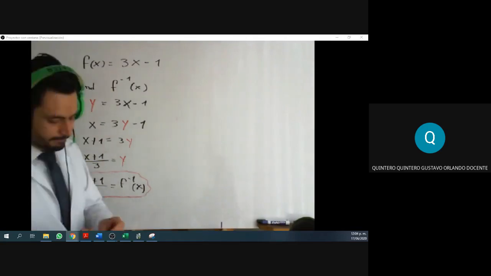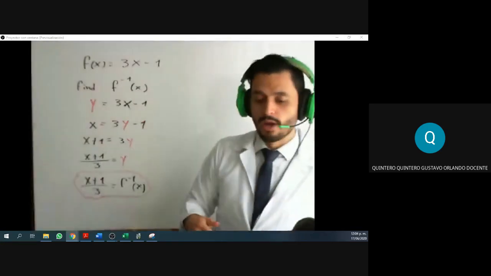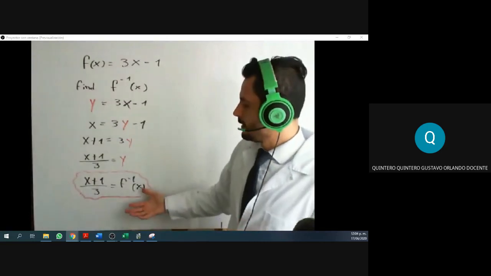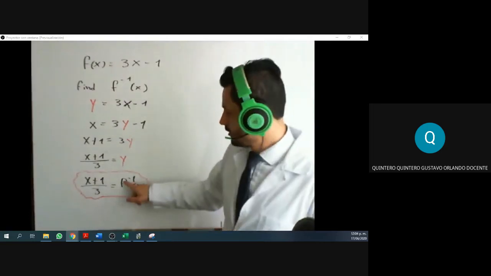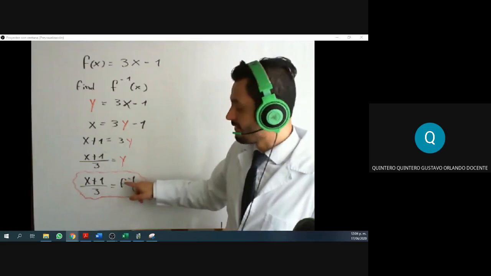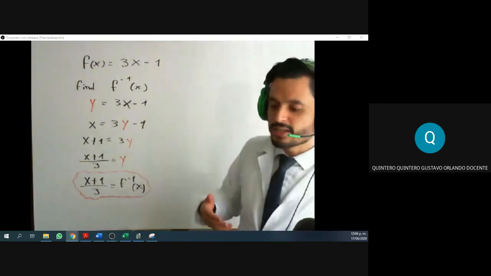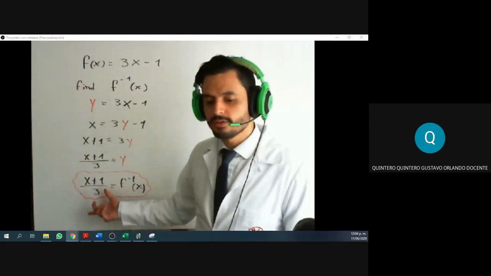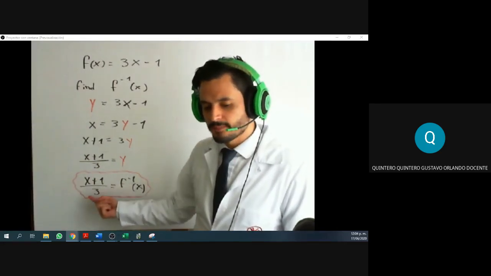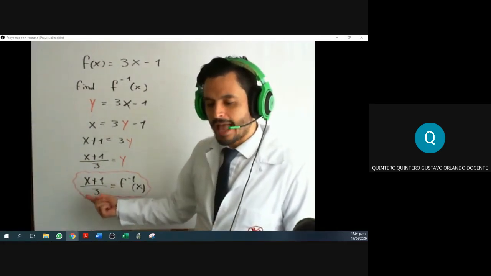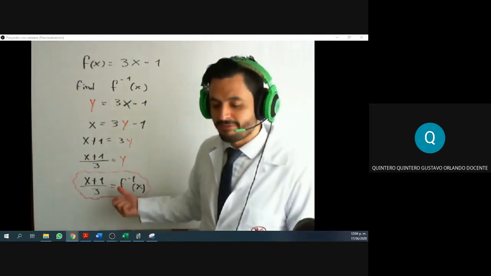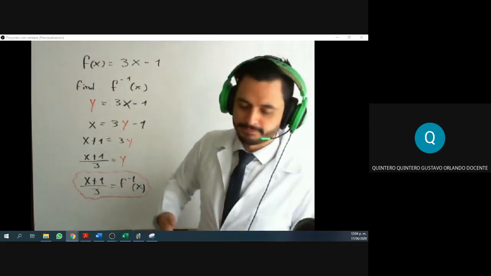Now, there are cases when functions don't have an inverse, right? There are cases where functions don't have an inverse function. And the reason for that is because maybe once you have isolated the variables, the function has some problems on the domain or on the range, making it so that the result is no longer a function.